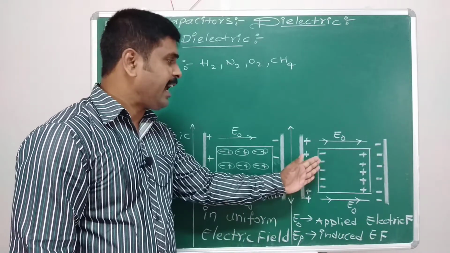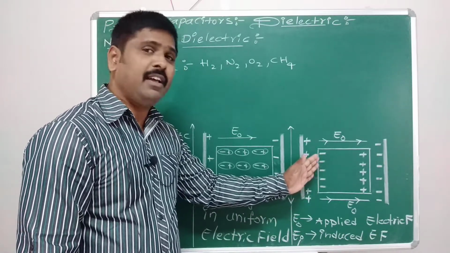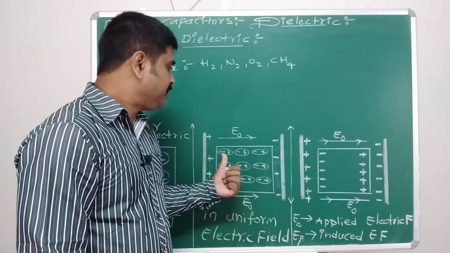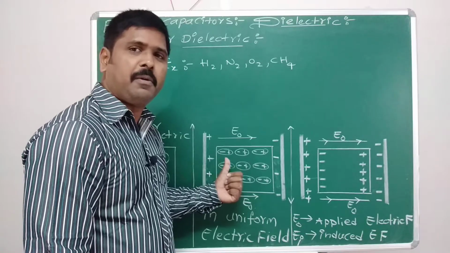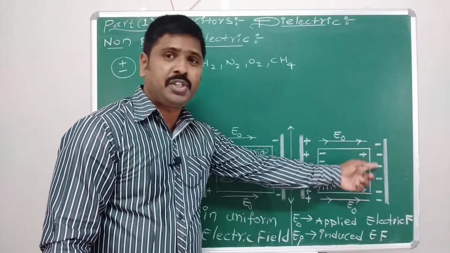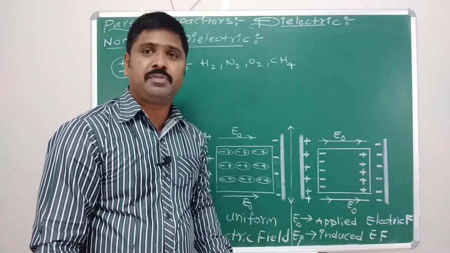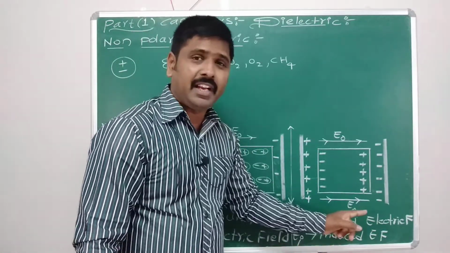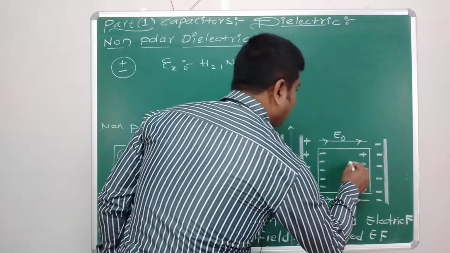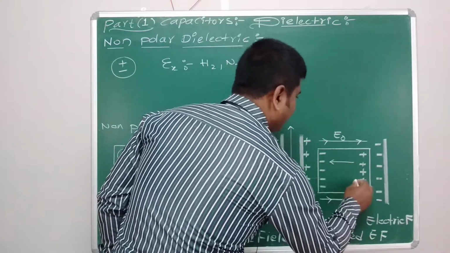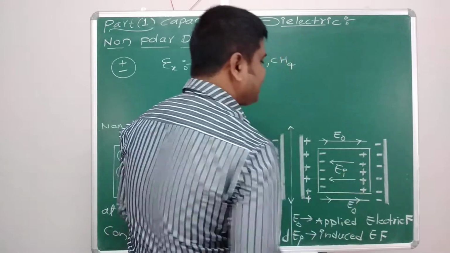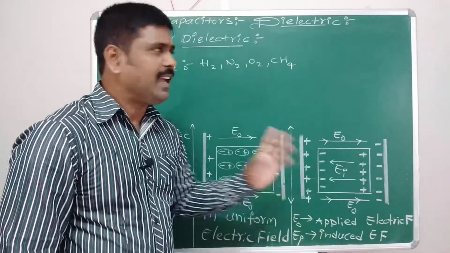Negative charge is on the left side, so the positively charged plate attracts the negative charge of the molecule, and the negatively charged plate attracts the positive charge. Here E naught is the applied electric field and EI is the induced electric field, which is opposite to the applied electric field.